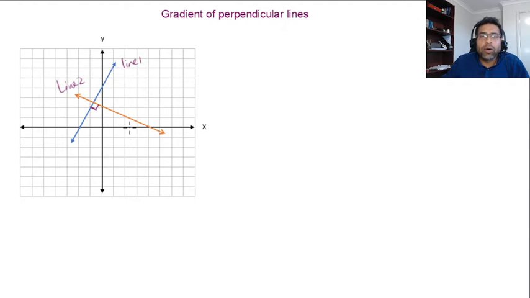Now if I say that the first line is making an angle of alpha, for instance, and the second line is making the angle of beta with the positive x-axis, that's why I'm just showing in that direction.